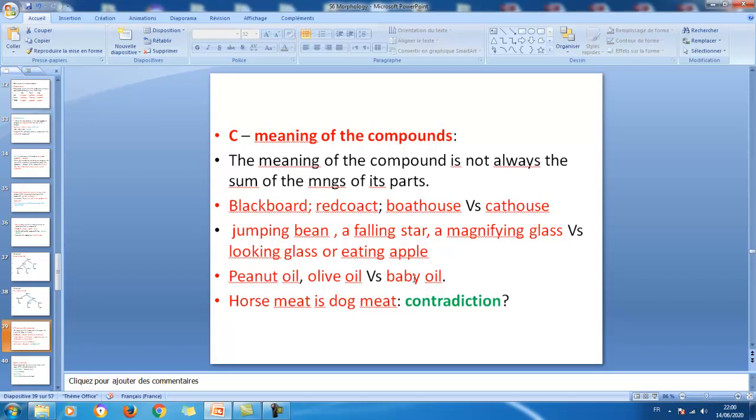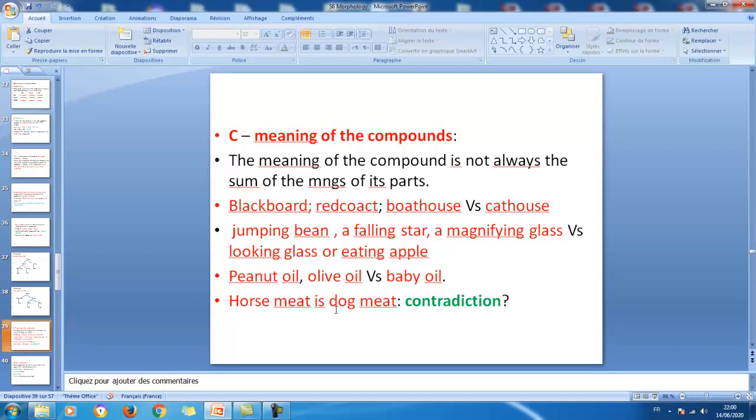Now we can even talk about this kind of contradiction, which shows this, let's say, difference in meaning of the compounds having the same structure. Look, horse meat, dog meat. Here we can say it's the meat obtained from horses. But what about dog meat? Is it meat obtained from dogs?